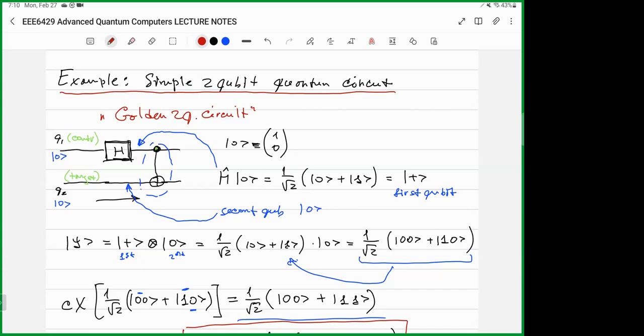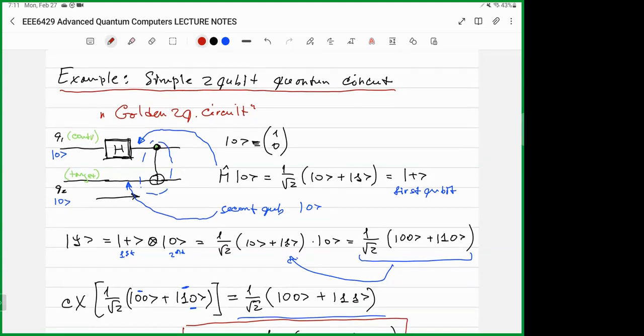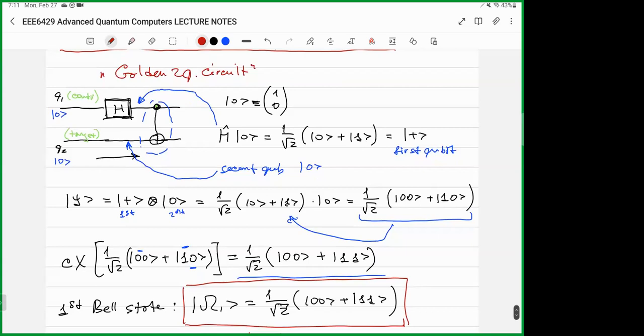These states are not separable and are very important for many applications that we will discuss in what follows. So this is the end for today. Let me stop the recording.